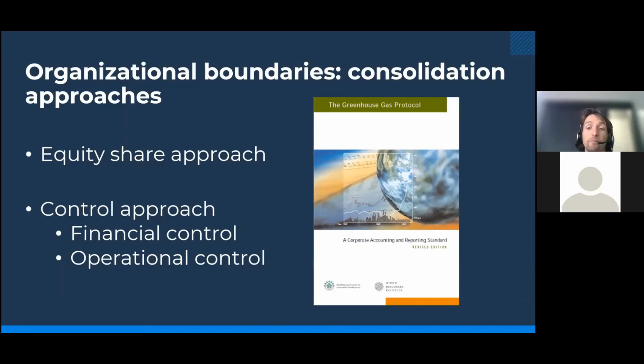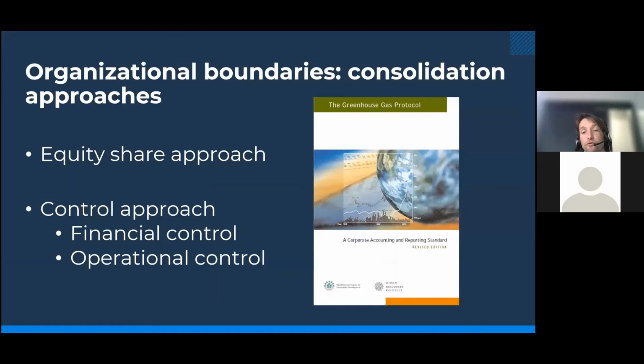Because if you think about carbon emissions, and I'll exemplify that in a couple of slides, there are the carbon emissions that you emit directly as an organization, but all the products and services that you're purchasing have carbon emissions associated with them. All the infrastructure that you use has carbon emissions associated with that, and so on and so forth. So you need to define a boundary that says, this is how we're going to limit our boundary of carbon emissions.